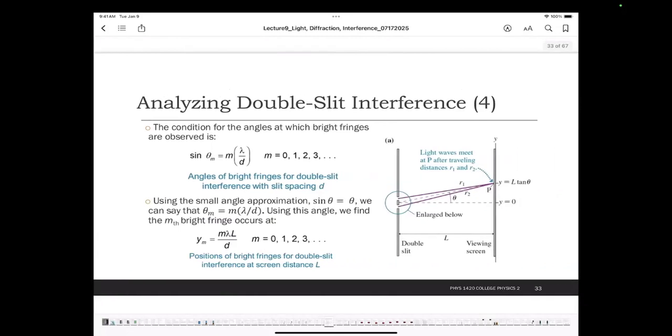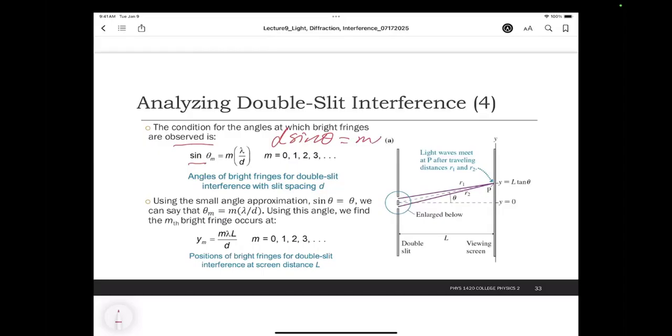And then the condition for the angles at which bright fringes are observed is, because we know d sin theta equals m lambda, am I right? So sin theta equals m lambda divided by d. Yeah, so we can represent sin theta using m lambda and d.